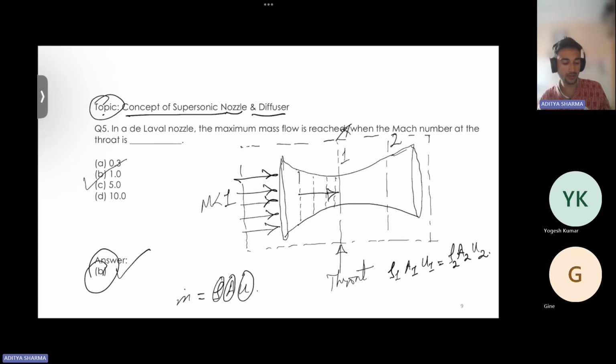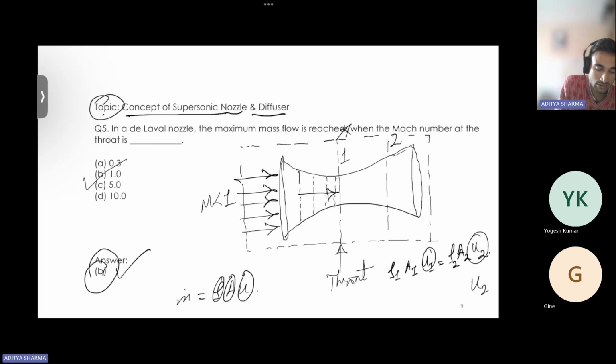But then if you see this velocity or Mach at 1, beyond this point you cannot increase the mass flow rate, because in the mass flow rate we can alter these two things, all right?